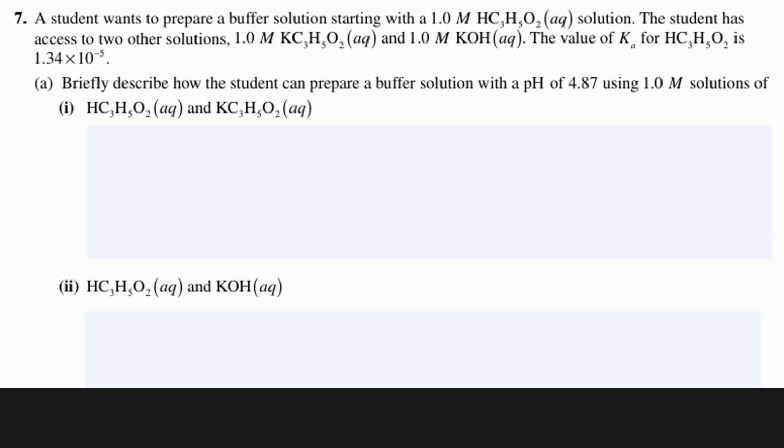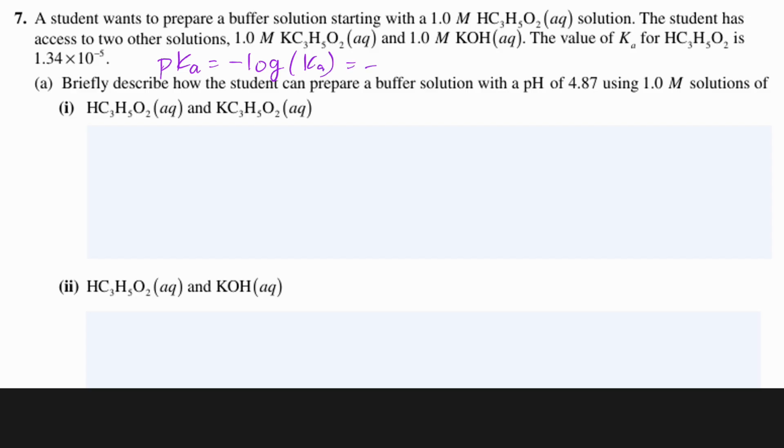So before we try to figure out how to prepare our buffer solutions, we need to figure out what is our concentration of weak acid compared to our concentration of conjugate base. We're going to do that by solving for the pKa. Remember, to solve for pKa, that's going to be the negative log of your Ka value.